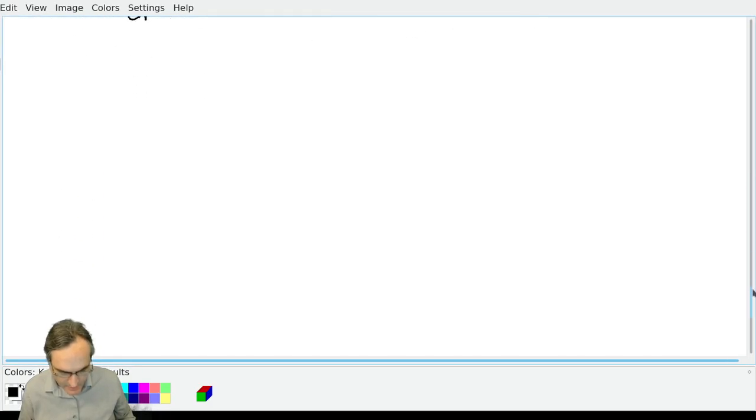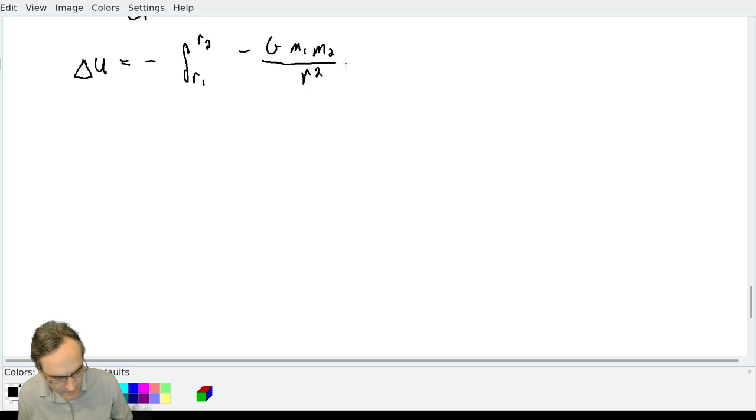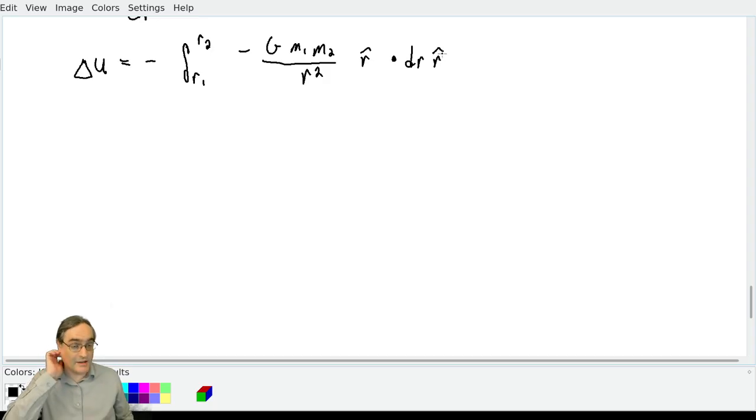Okay, so let's put this all together. That means the change in the potential energy is going to be the negative of an integral from r1 to r2 of minus the gravitational constant, mass 1, mass 2 over r squared in the r hat direction, dot product dr also in the r hat direction.